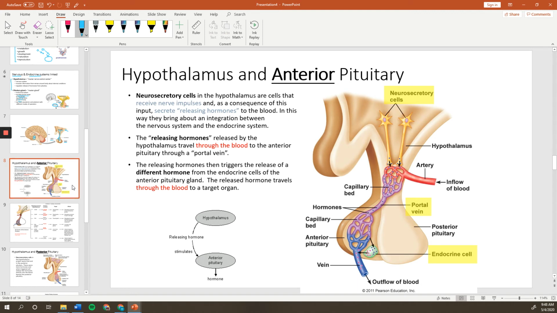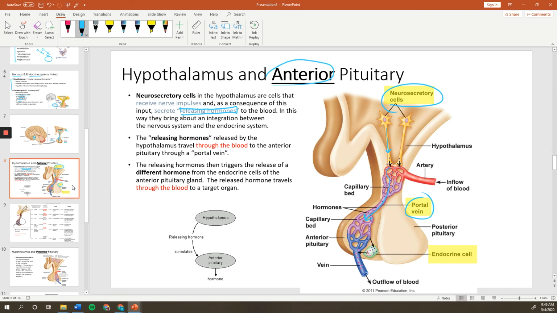In the hypothalamus, we have these neurosecretory cells. They receive information and relay information. In these axons, there are hormones called releasing hormones. These are like pre-hormones. They are stored here, and they travel through the blood, through the portal vein, down into the anterior pituitary.